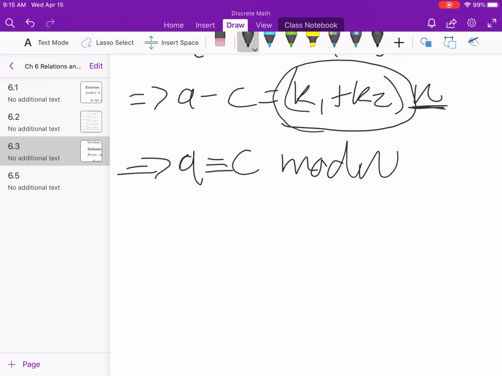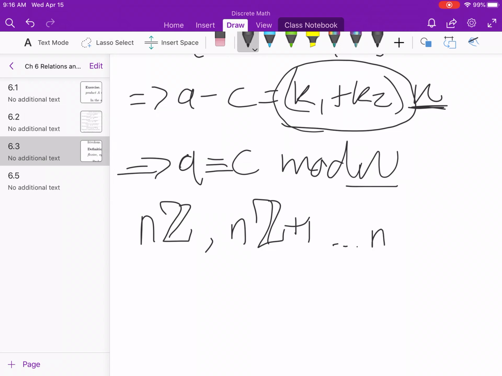A common way that we might see these equivalence classes written is I could have some value n times z, and I could have n times z plus 1, all the way up to nz plus, we'll call this, n minus 1.